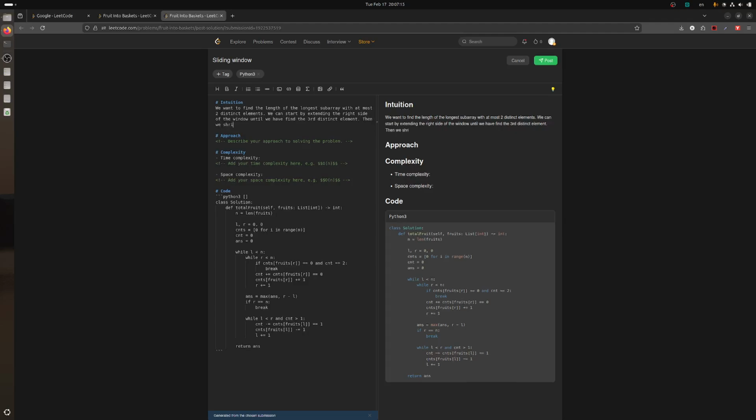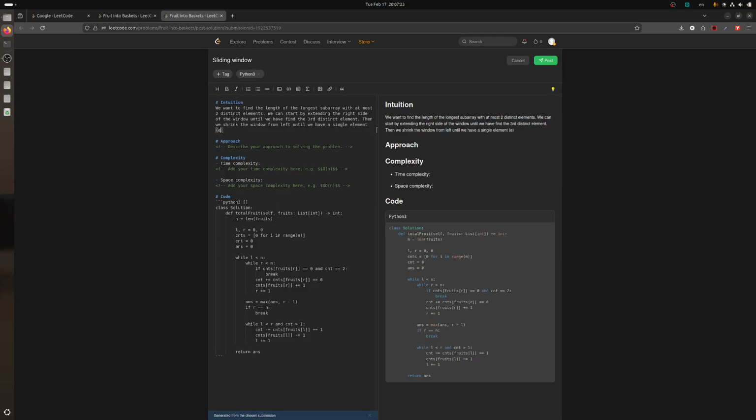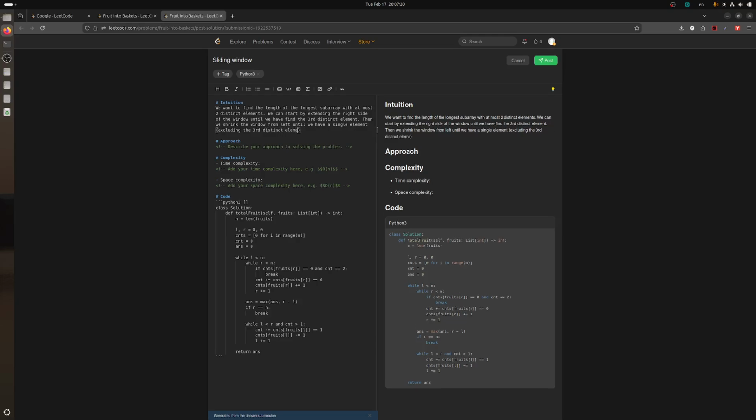Then we shrink the window from the left until we have a single element, excluding the third distinct element, and repeat.